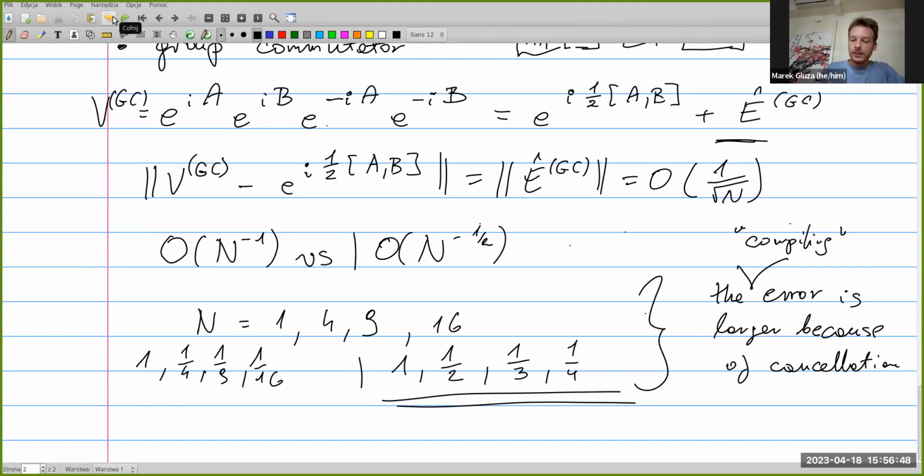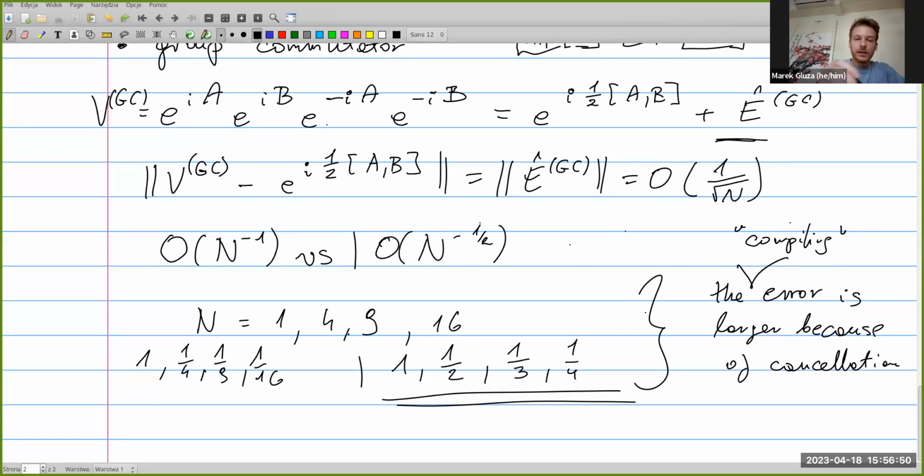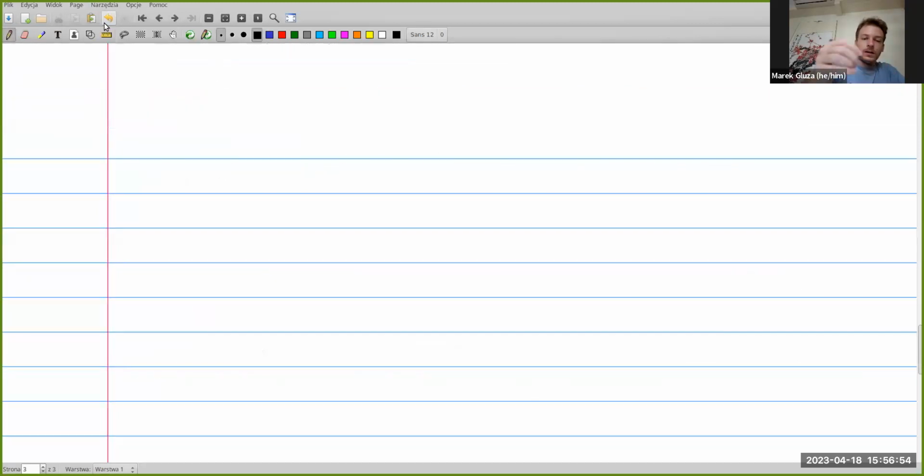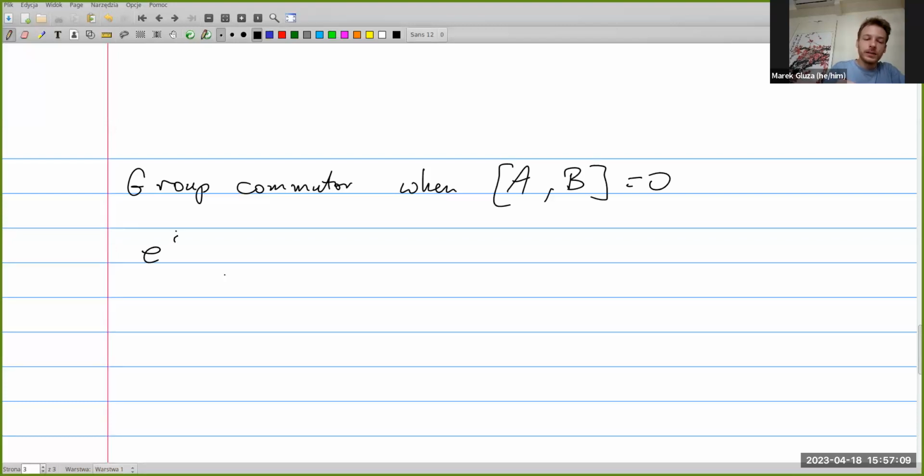So let's pretend, let's do the group commutator when A commutes with B. Okay, so as a reminder, e to IA, e to IB, e to minus IA, e to minus IB.